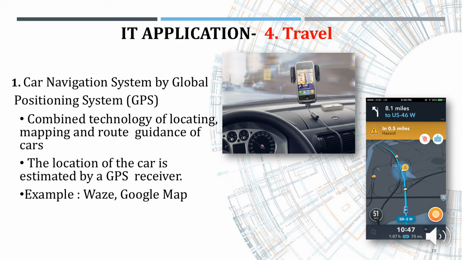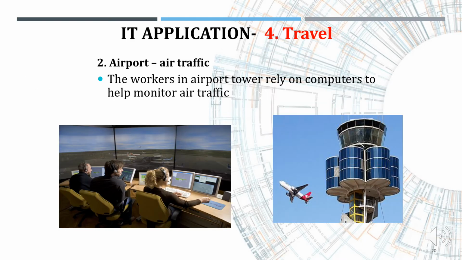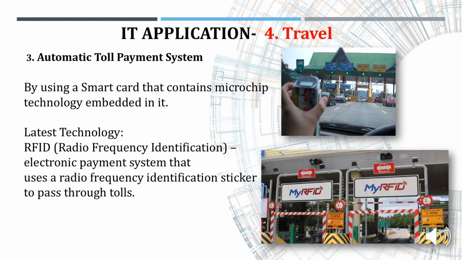The next example for travel is the airport, where they use the computer to help monitor the air traffic. Next, one of the most popular technology applications that benefit the user is the smart tag, or the Touch 'n Go.